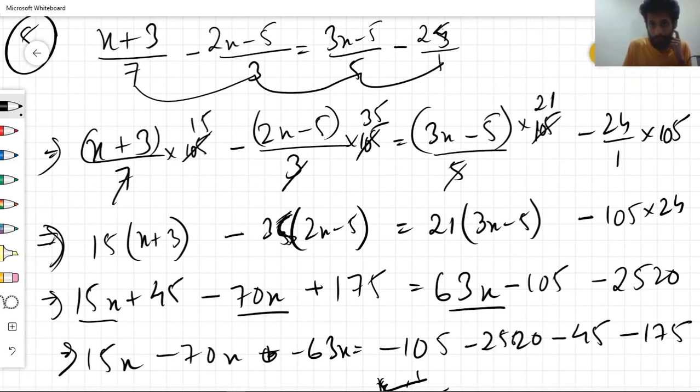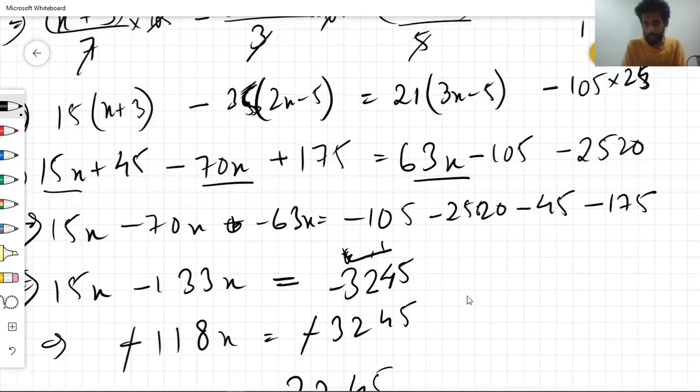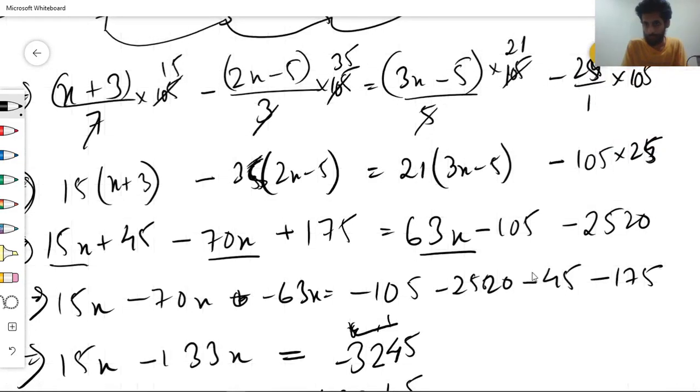Okay, this one is 25. After that, only this part was 25, so you have to change only this part.